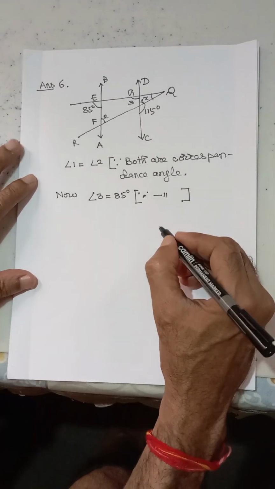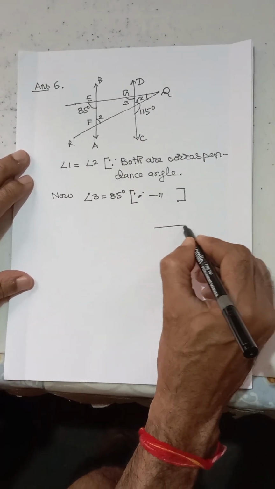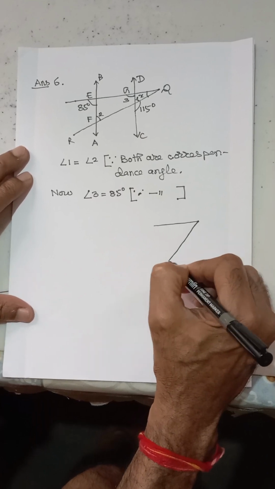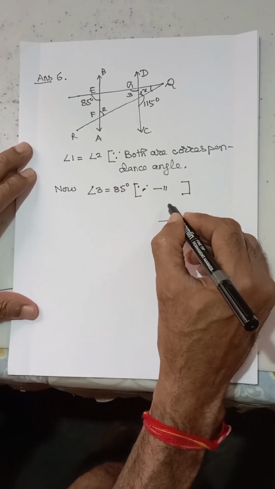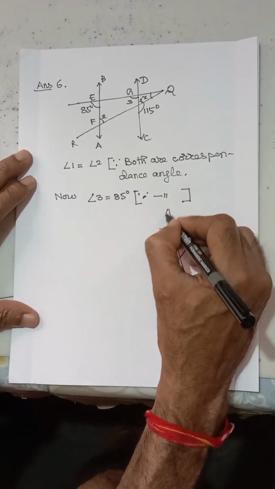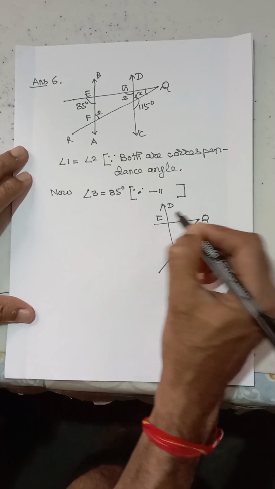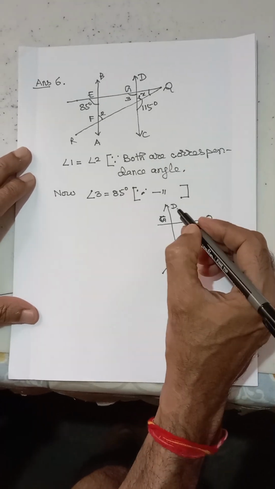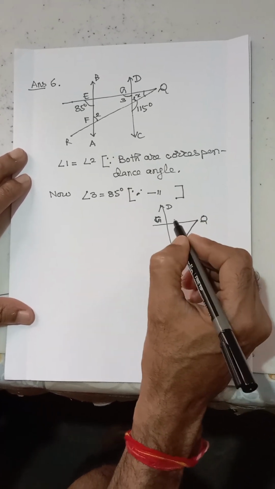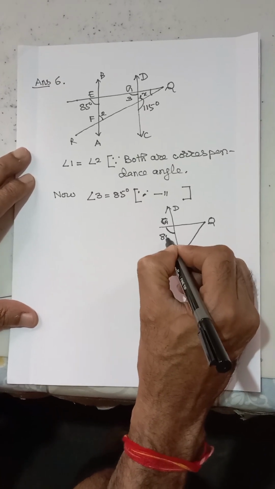Therefore, now here in short the figure becomes like this. I am enlarging it. Here it was C, here it was D, here it was Q, here it was G. So this angle is 85 degree.